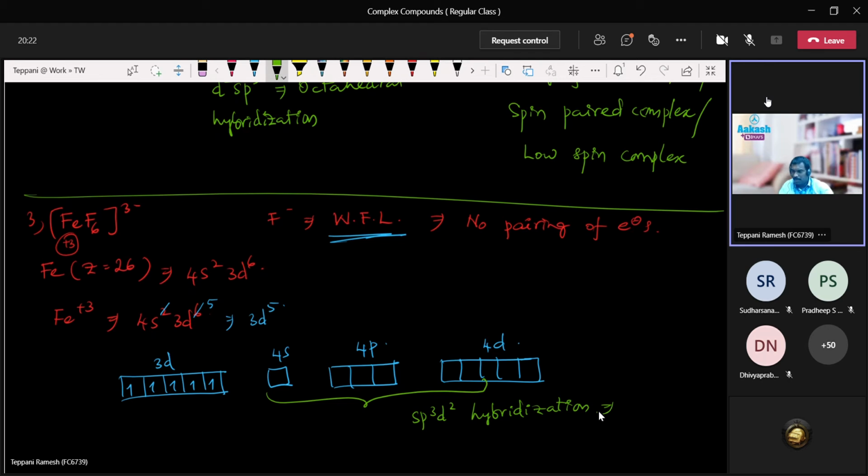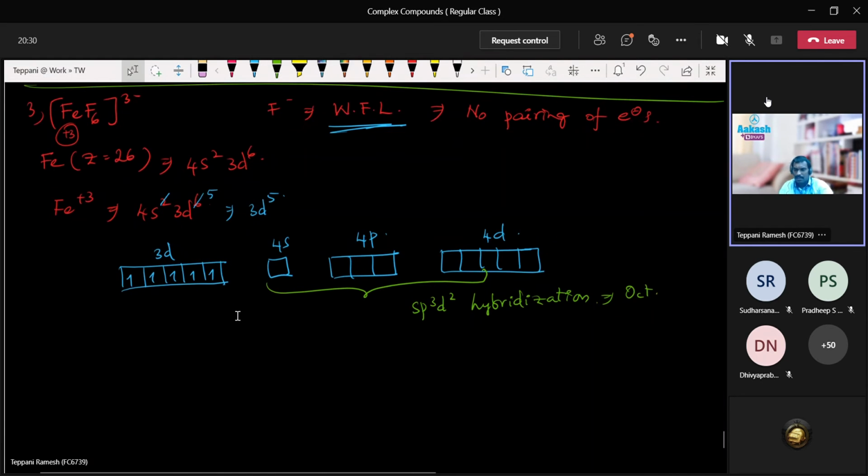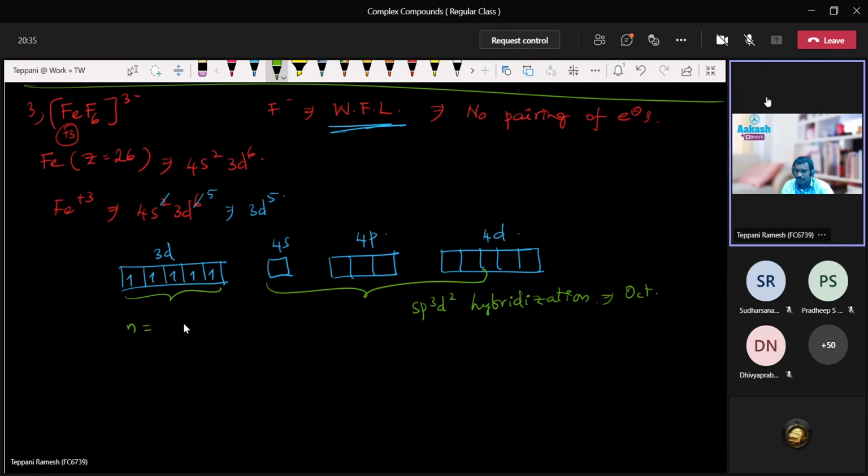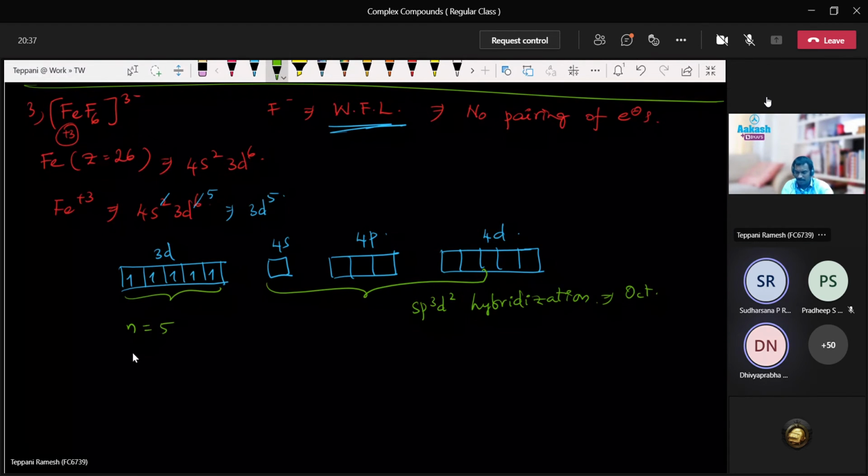So octahedral structure. Okay, you can write the structure also, if you want. But octahedral very well you know. n is equal to 5.